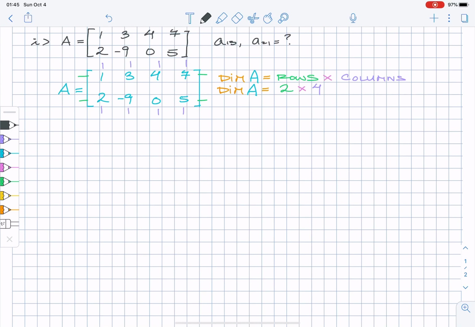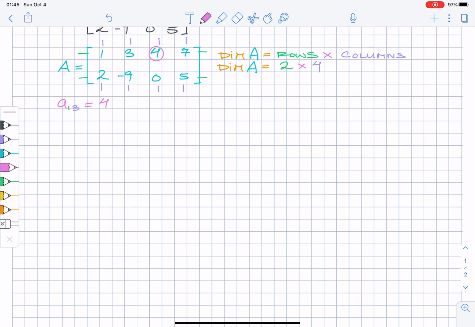Okay, but now let's say what is A sub 1, 3 and A sub 2, 1 equals question mark. Okay, so A sub 1, 3, always rows before columns, is going to be the entry that's in the first row and the third column. So the entry that's in the first row and third column is 4.